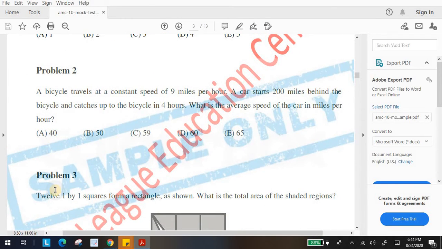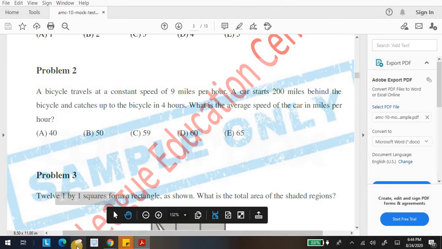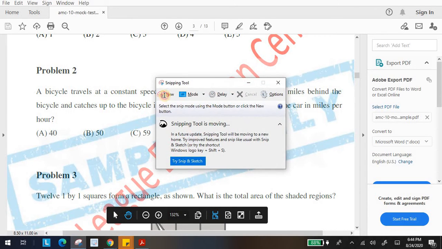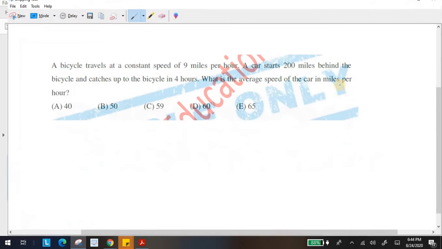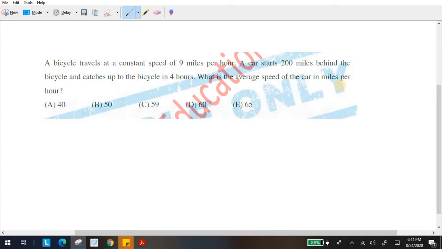A bicycle travels at a constant speed of 9 miles per hour. A car starts 200 miles behind the bicycle and catches up in 4 hours. What is the average speed of the car in miles per hour?